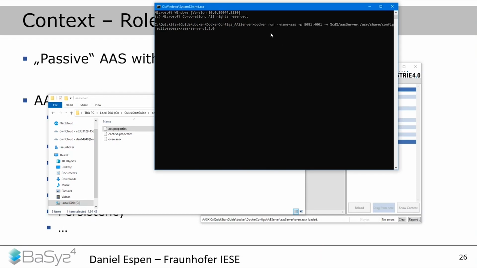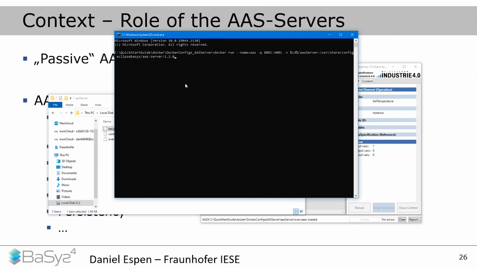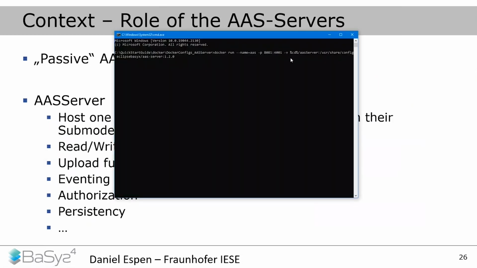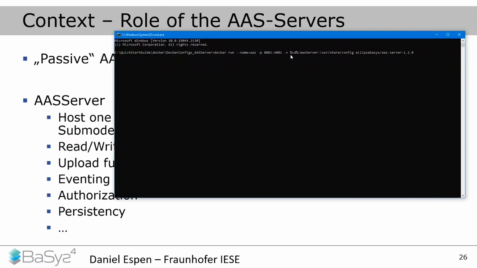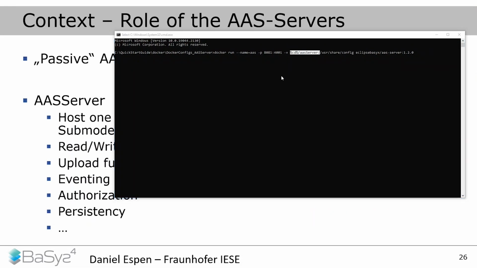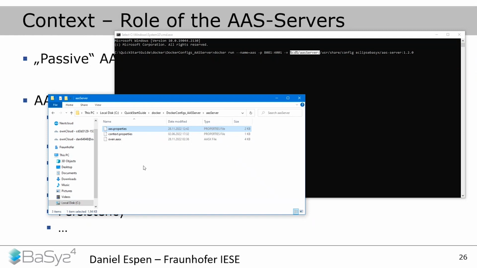This is the same command that I used before, but the only addition is this one. I specify that in usr/share/config, where this aas.properties should be within this container, I want all these files to be copied, or mounted. This is this folder here with the AASX file and all the property files.